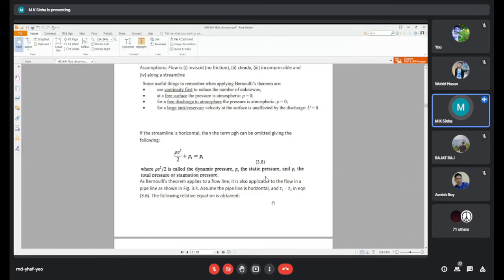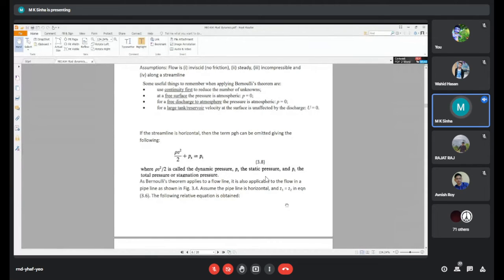And rho v square by 2 is the dynamic pressure, P is the static pressure, and PT is the total pressure. Generally in thermodynamics or at higher levels, this term is treated as the stagnation pressure. When we study the pitot tube, this equation will be used. It is an application of the Bernoulli theorem.